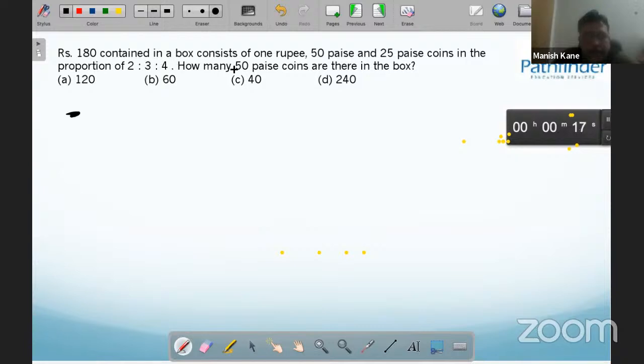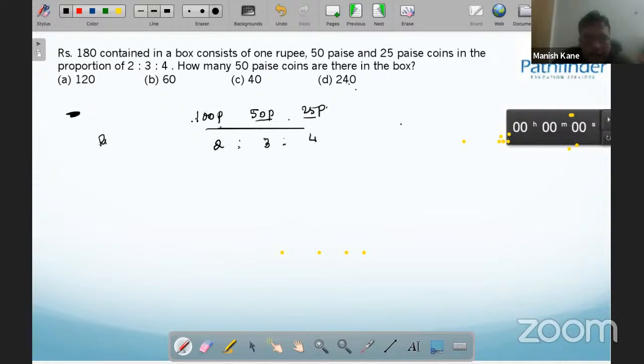Rupees 180 contained in a box consists of 1 rupee, that is 100 paisa, 50 paisa, and 25 paisa coins in the ratio of 2:3:4. This is the ratio, right?